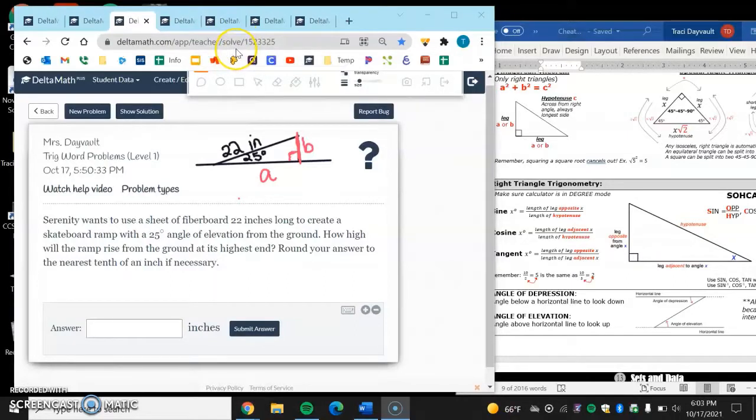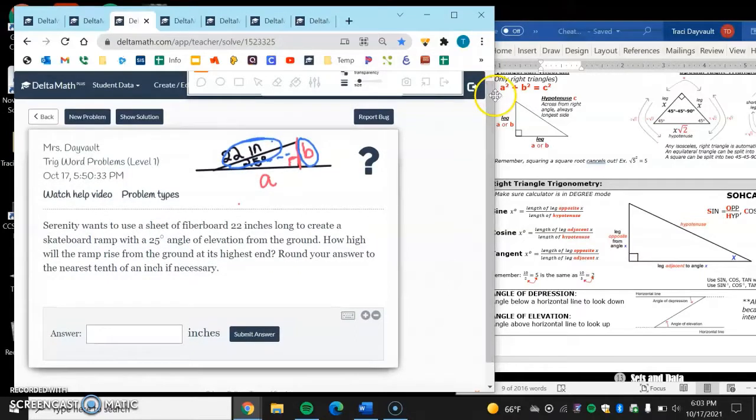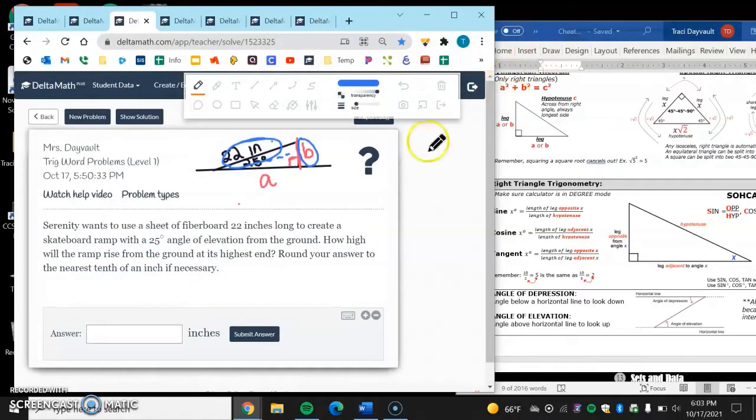So let's think about if I want to find side B here. That would be the opposite side from the reference angle that it gave us. And then the skateboard ramp itself is the hypotenuse. So that means we would want to use our ratio that involves the opposite and hypotenuse again.